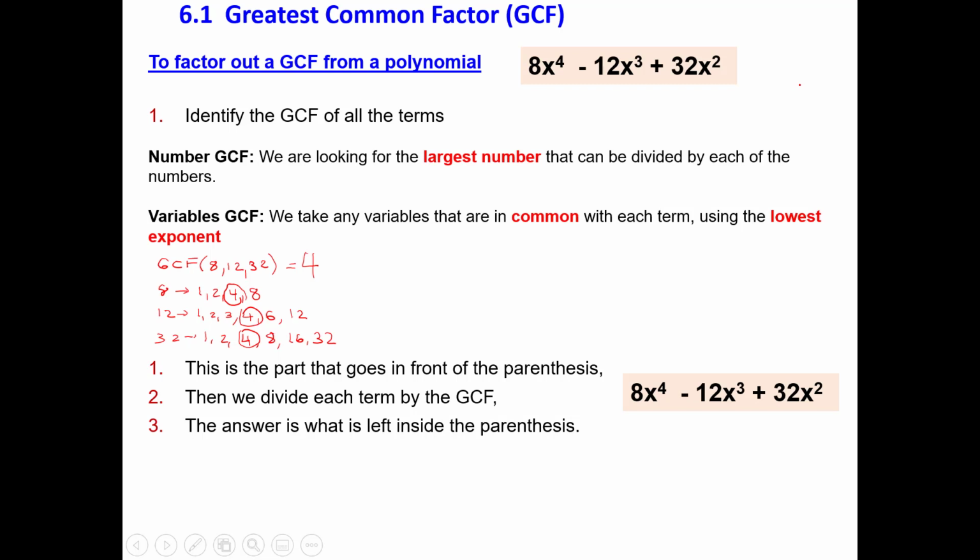This is for the numbers, and for the variable, x to the second.